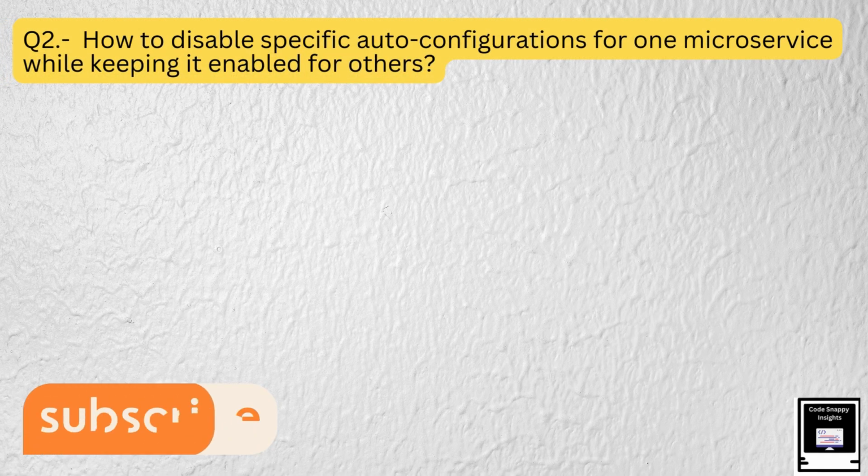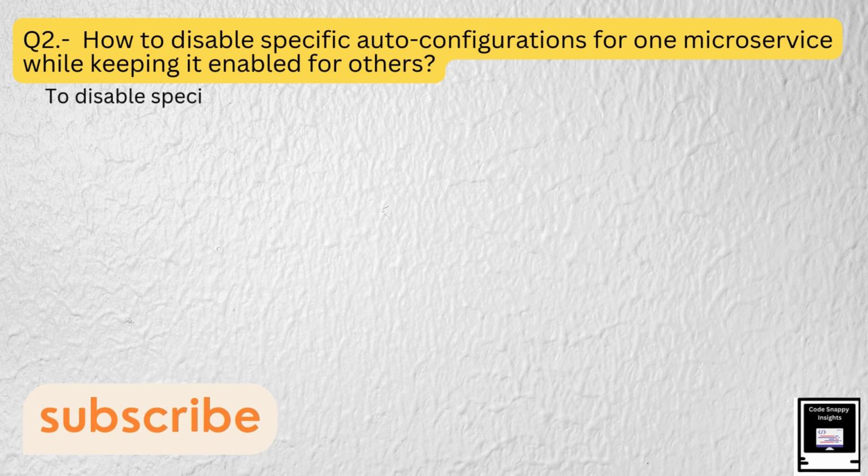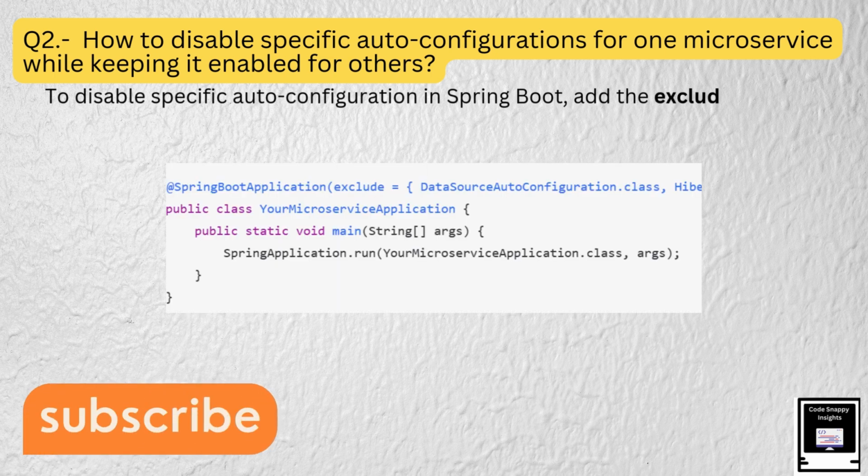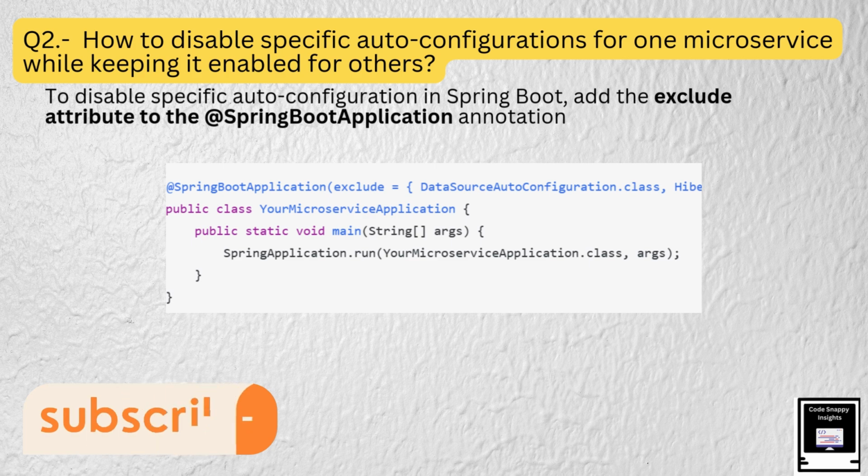Question number 2. How to disable a specific auto configuration for one microservice while keeping it enabled for others? To disable a specific auto configuration in Spring Boot, you can add the exclude attribute to the SpringBootApplication annotation.